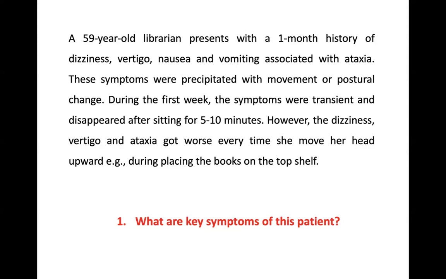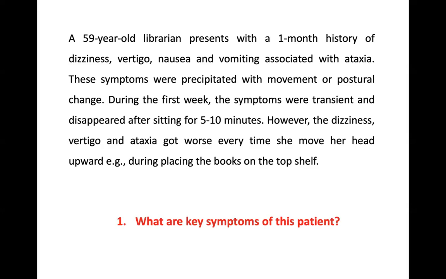The key symptoms of the patient are dizziness, vertigo, nausea and vomiting upon movement or postural change, associated with ataxia. These symptoms got worse when the patient moves their head upward, and there is also spontaneous nystagmus.